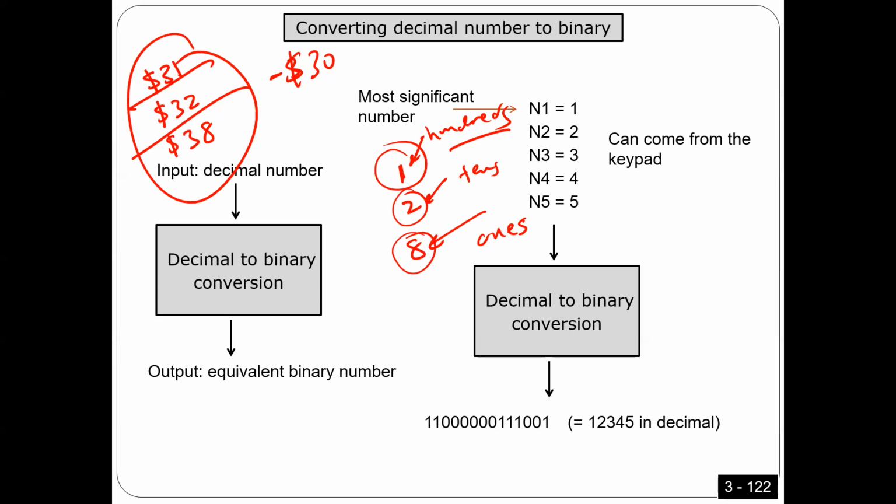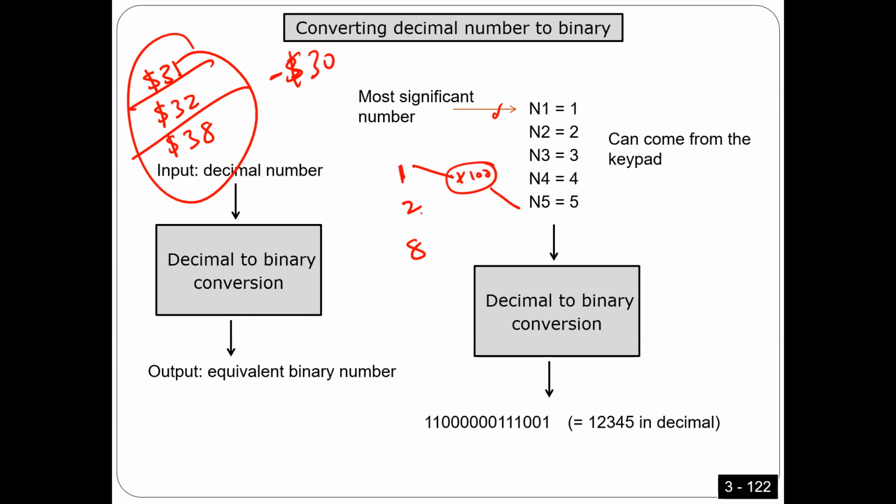So number one, if I already know how many digits I have, what I can do is very simple. I'm gonna get this number and multiply by 100, and then this one multiplied by 10.